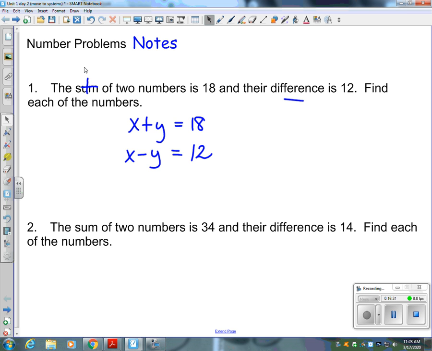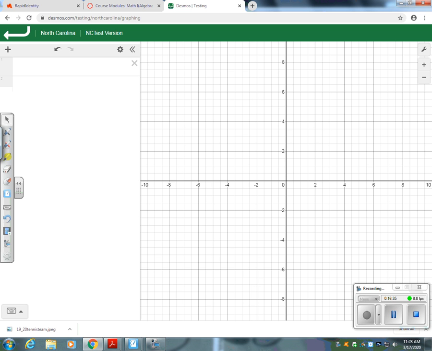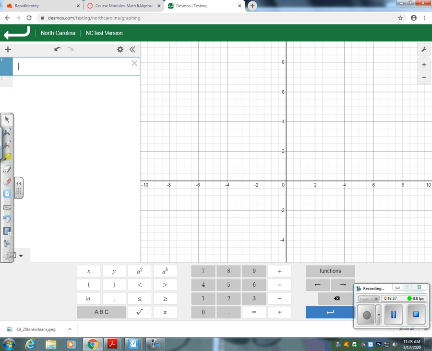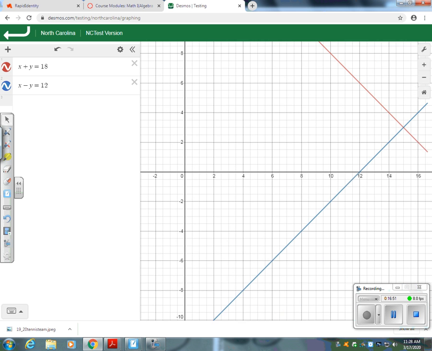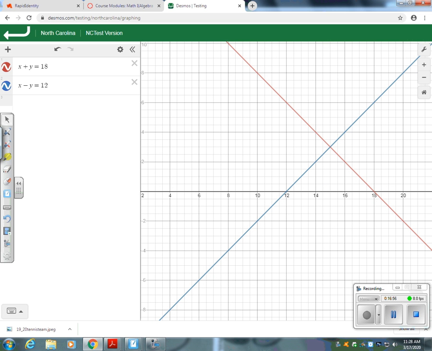So we're going to go to our Desmos, and we're going to add the two numbers, the sum, and set it equal to 18. And we're going to subtract the two numbers and set it equal to 12. Here we have to move Desmos around till we find the intersection, or you can zoom in and zoom out. Now I see where they intersect.